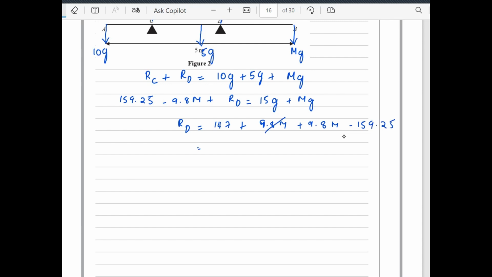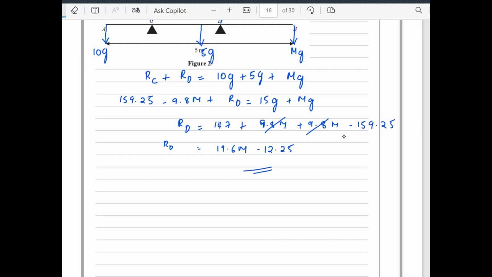So 9.8 m plus 9.8 m will give you 19.6 m, and 147 minus 159.25 will give you minus 12.25. This will be the value for RD: 19.6 m minus 12.25.